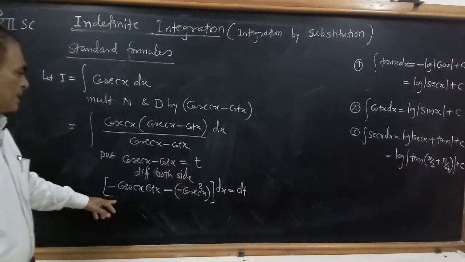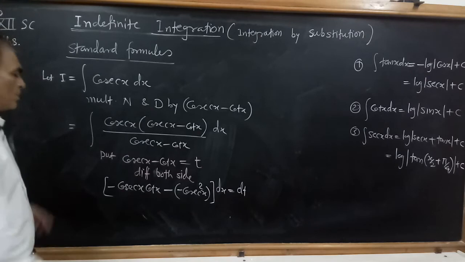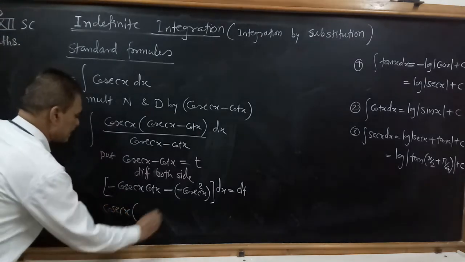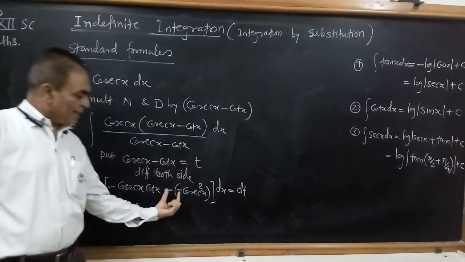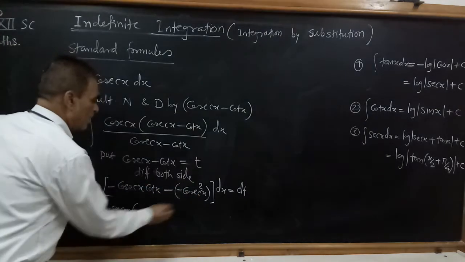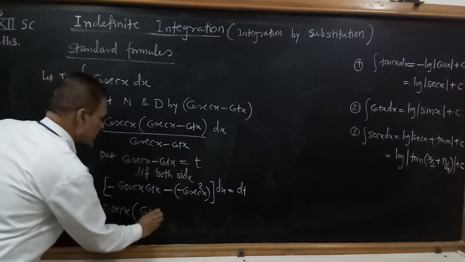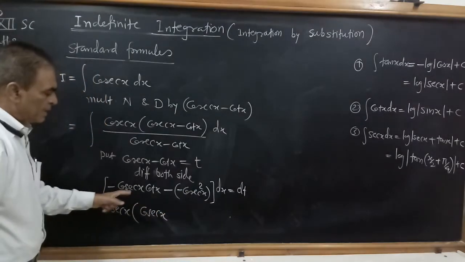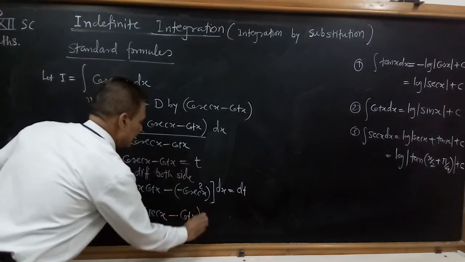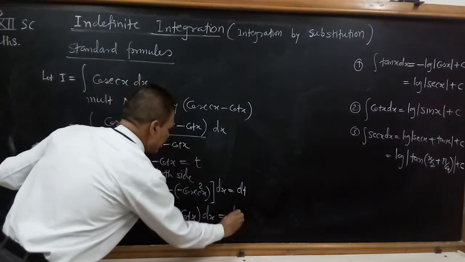What can I make in this case? In this case, take cosec x common. Cosec x into bracket, here minus plus. 1 cosec x take outside the bracket, only 1 is remaining cosec x. And here cosec x you can take outside the bracket minus cot x into dx is equal to dt.